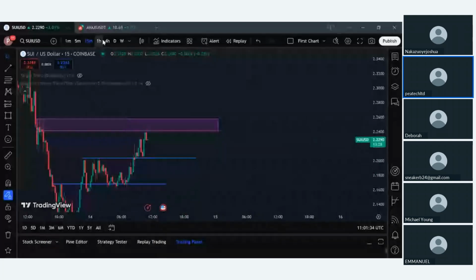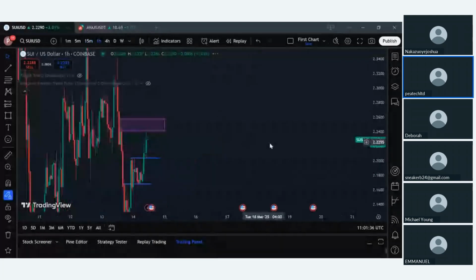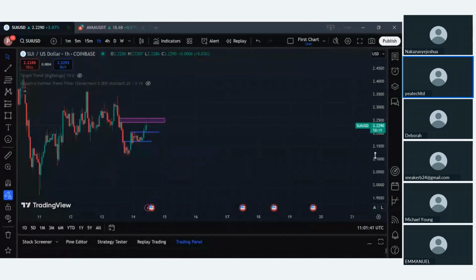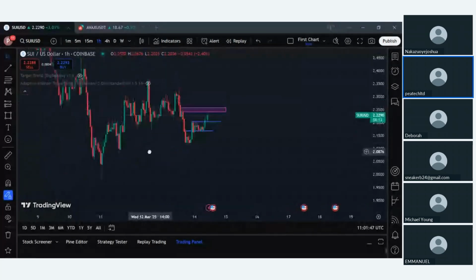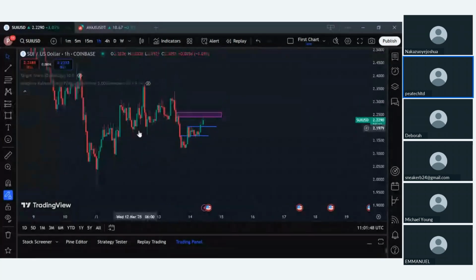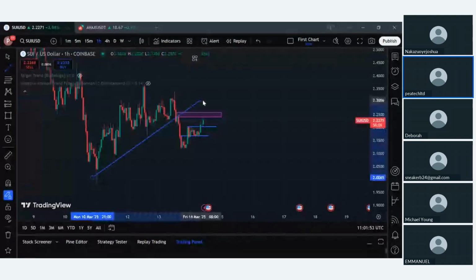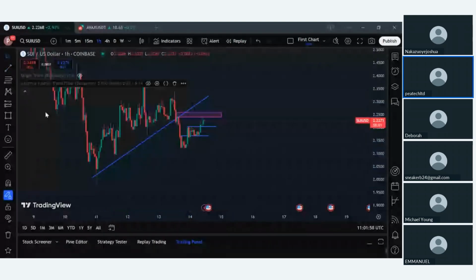What we can do is switch to the higher time frame to see what's happening. On switching to the higher time frame, we can see that the market is still trying to give us a bullish move. But if you look closely, there was kind of a trend here, at this point.